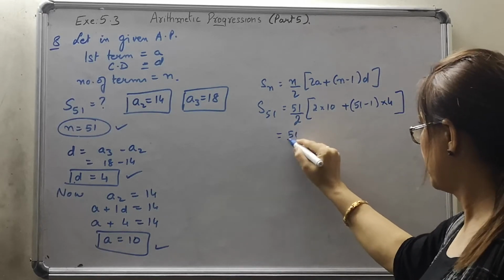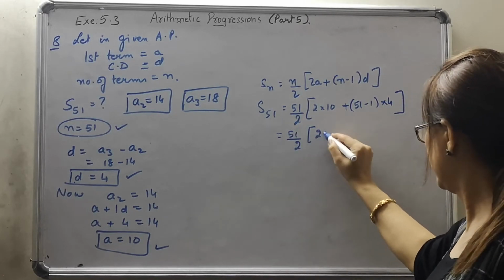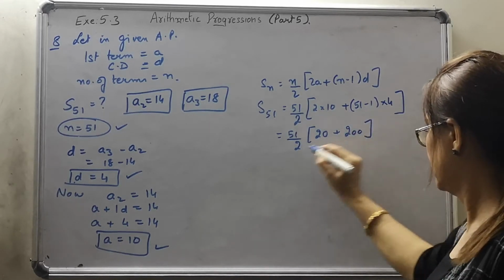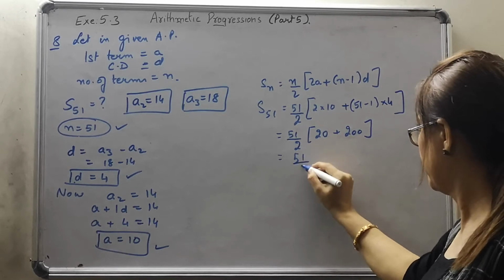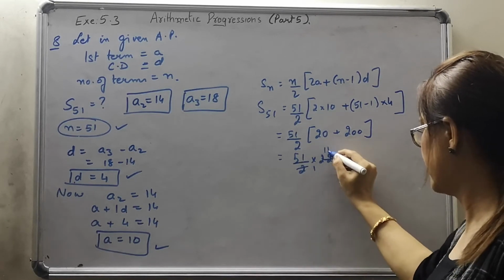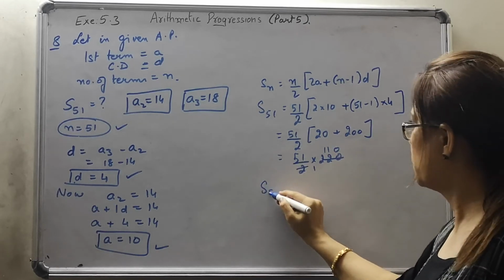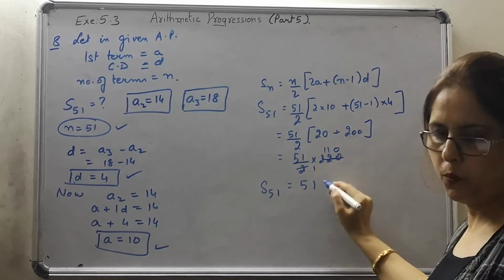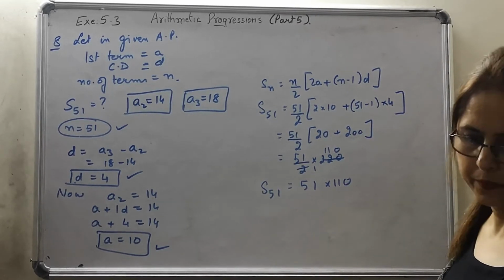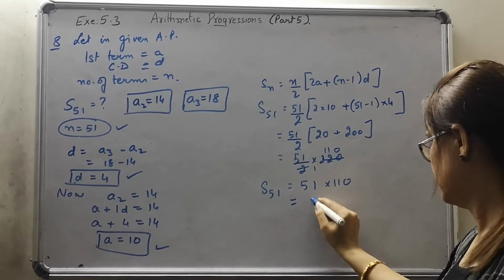So this is 51 upon 2, 20 plus 50 into 4. 50 into 4 is 200. That means 51 upon 2 into 220. If we cancel this, it is 110. So S51 is the product of 51 and 110, and the answer turns out to be 5610.